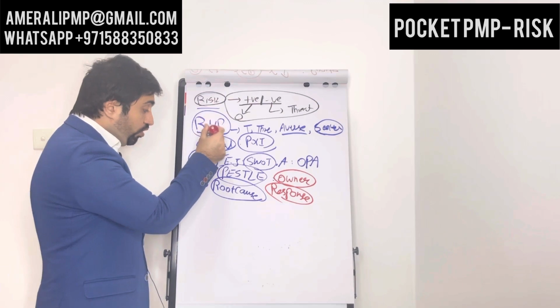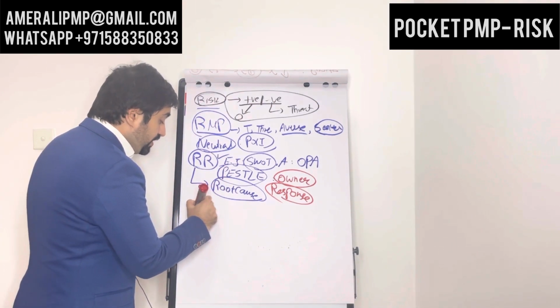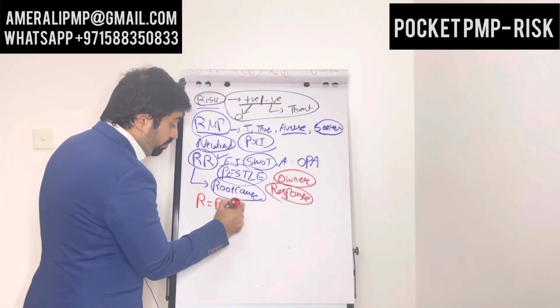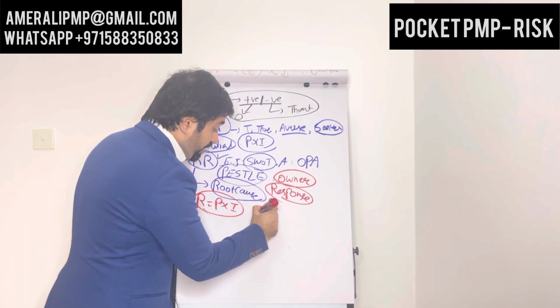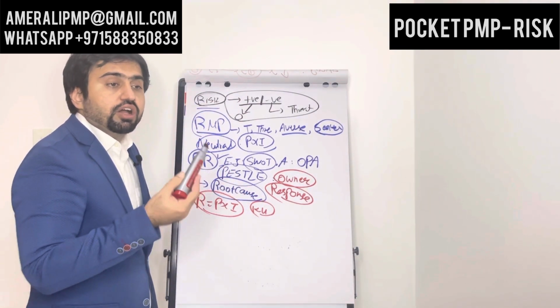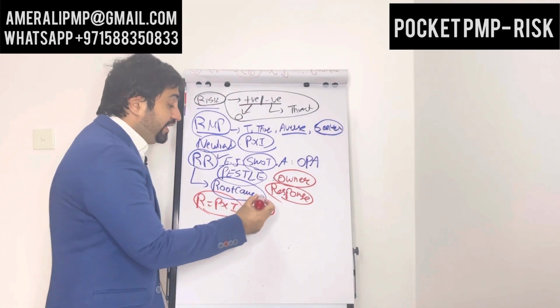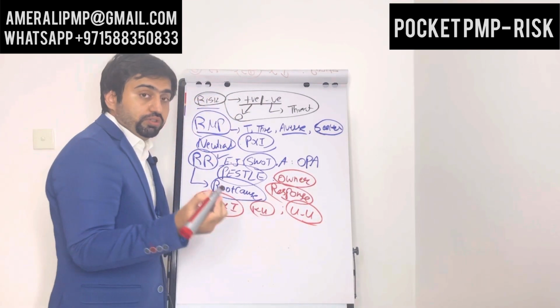Now once you have put all these things into the risk register, understand this: risk is probability times impact. Some risks are known unknowns. We know that they will occur, but we are not sure about the probability or impact. And then there are unknown unknowns, where we have no idea about those things.